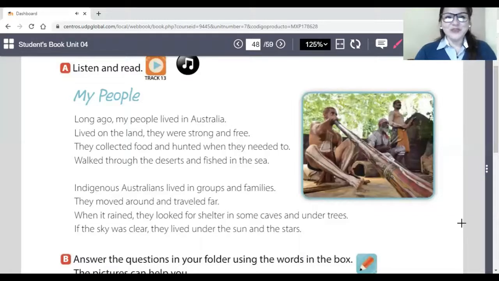Now, after that, I need you to use your red color to underline the verbs in past tense in the song, okay?